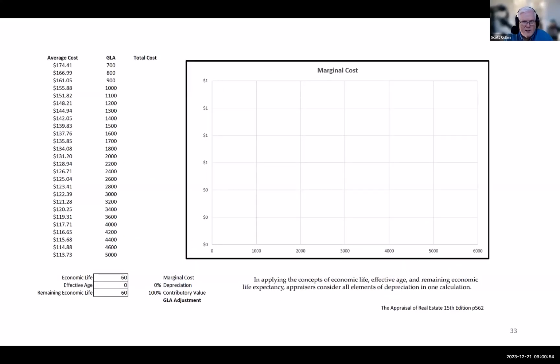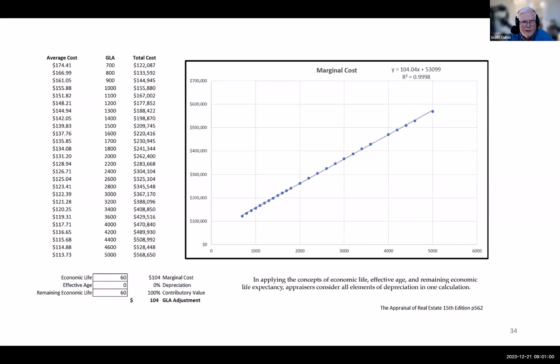To analyze this data, I start with average cost per foot and size on the left. Next, I multiply average cost by the amount of square feet to get total cost for each size house. This is set up with a scatter chart with total cost on the y-axis and size on the x-axis. The data points are the blue dots. The dotted line is called the line of best fit.